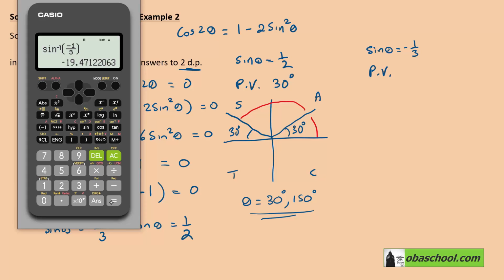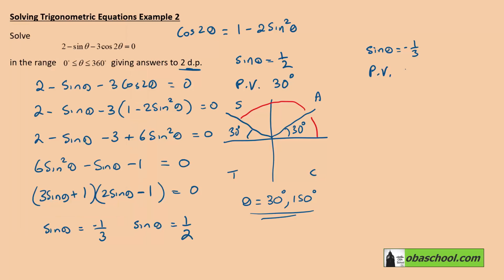And that gives me negative 19.47. So theta is negative 19.47 degrees. Now I know that's not in the range, but it doesn't matter. We'll find the ones in the range.